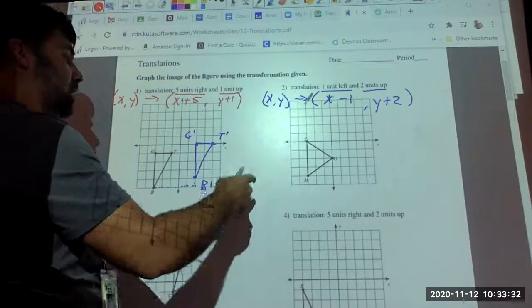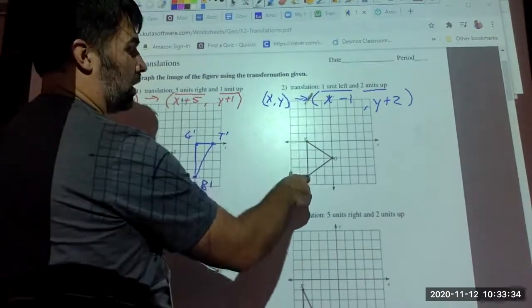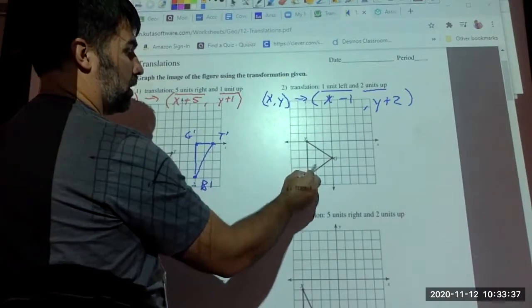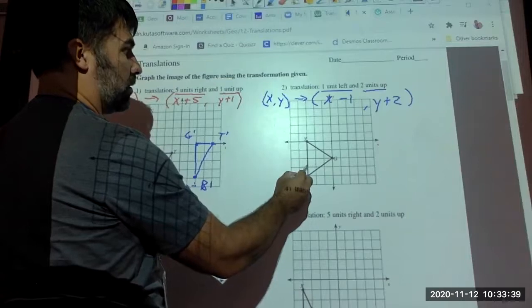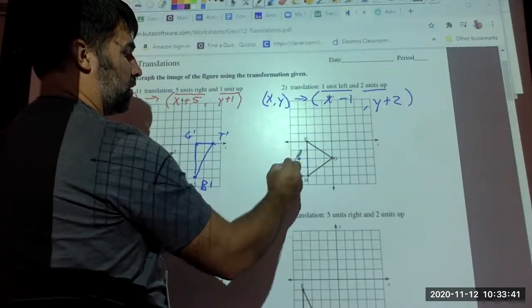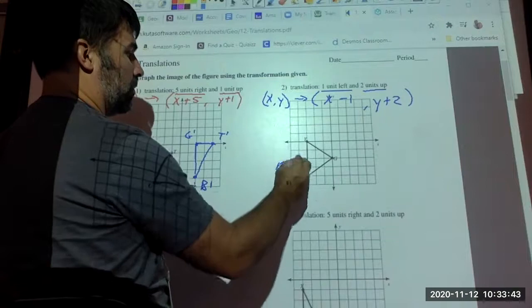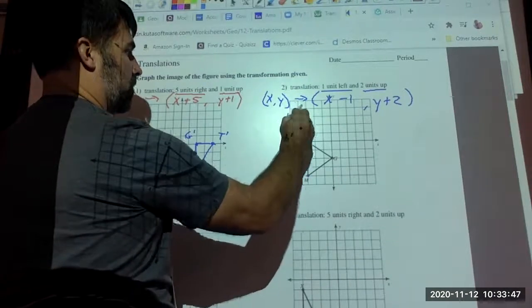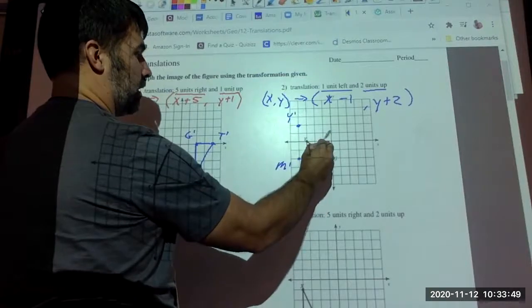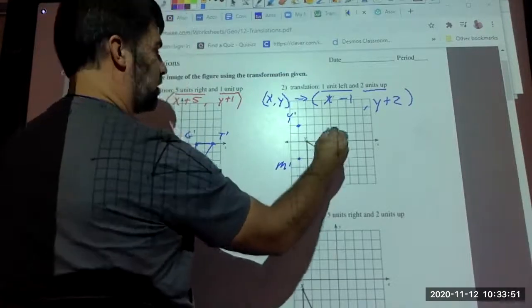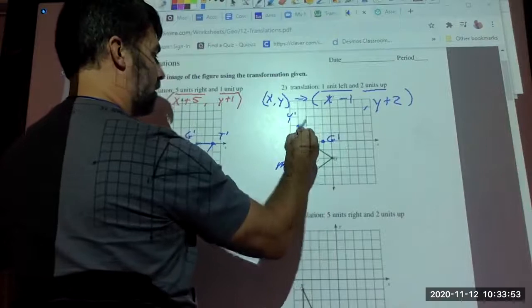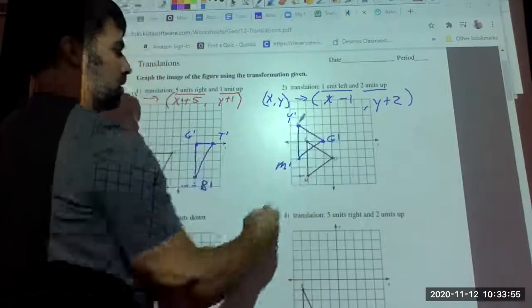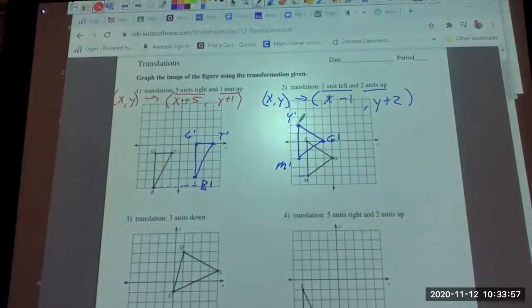If you had this worksheet, you would go 1 left, let's go M here, 1 left, 2 up, this is my new M. 1 left, 2 up, that's my new Y. 1 left, 2 up, that's my new, I think that's a G. And again, the picture has to look the same because it's a translation. Translation does not change the way it looks.